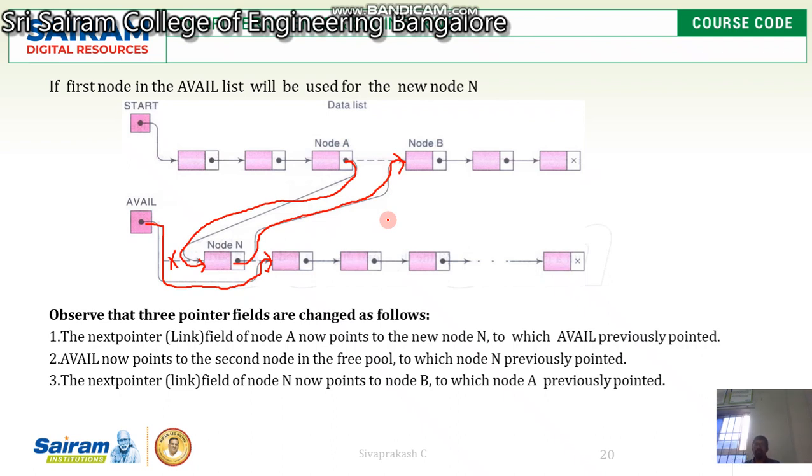A will point to the new node, and avail will point to the second node in the free pool, and next pointer for N will point to the node B. Three changes have happened. So in this case, we have taken the node from the avail, which has not happened in the previous slide, right?